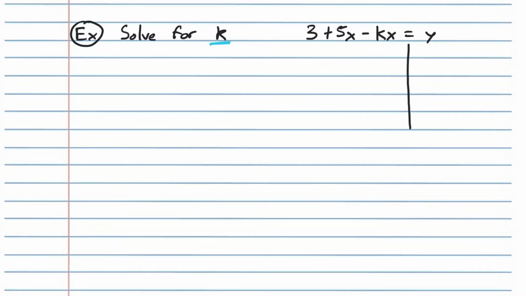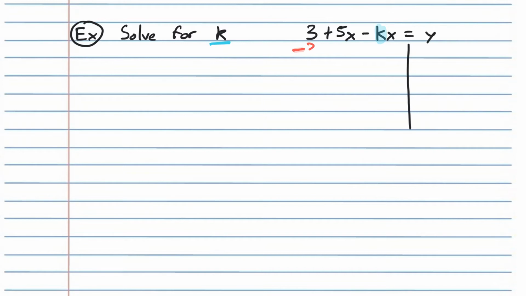So we want to keep this piece and get rid of everything else. Which means we have to get rid of that 3, we have to get rid of that 5x, and we have to get rid of that x that's attached to the k. All right, so let's do that one at a time. 3 is pretty easy. It's a positive 3, so we'll subtract it. Oops, let me switch to a pen.